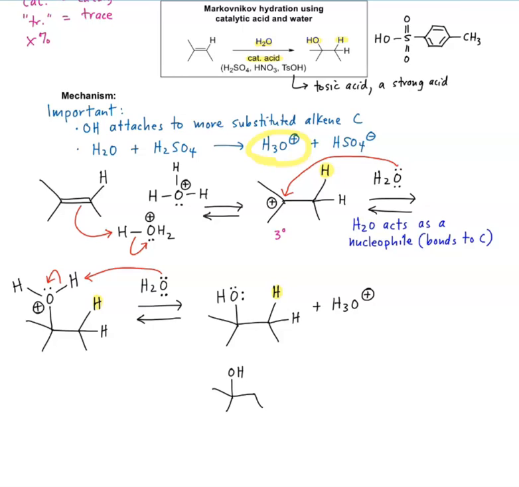However, in the subsequent step, it accepts a proton. Another water molecule accepts a proton from that intermediate. So here, water acts as a Bronsted base, meaning it bonds to hydrogen.